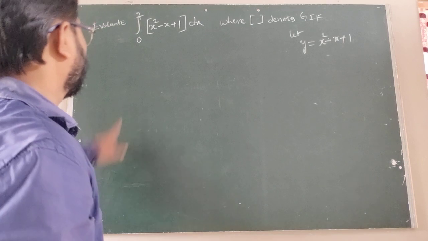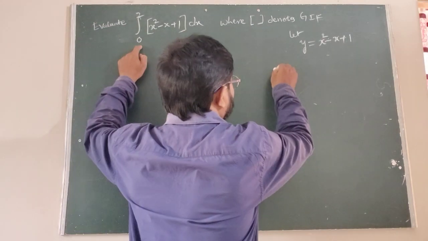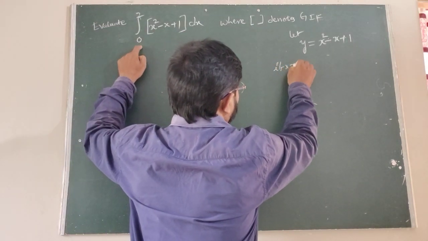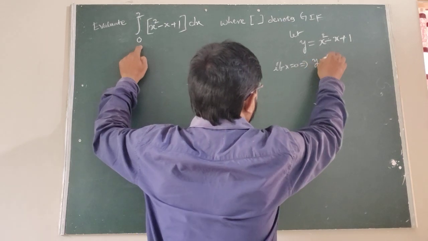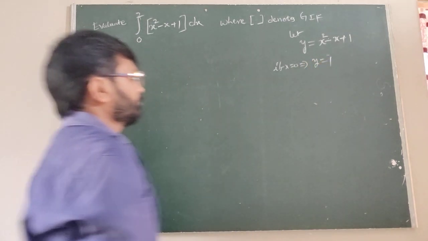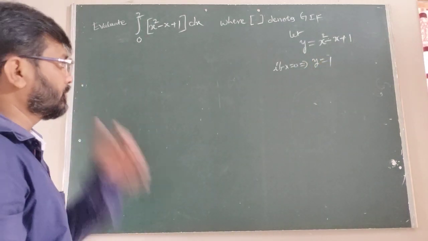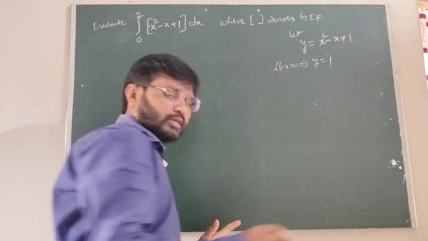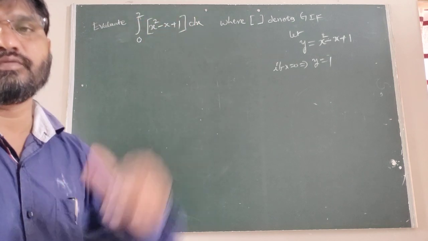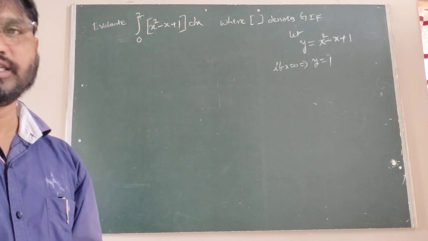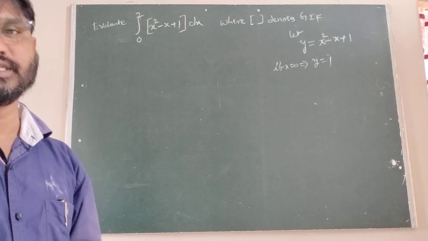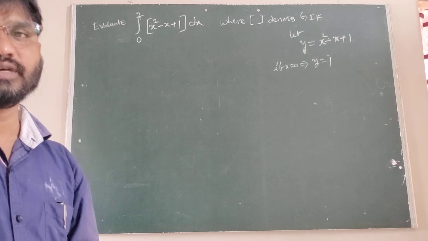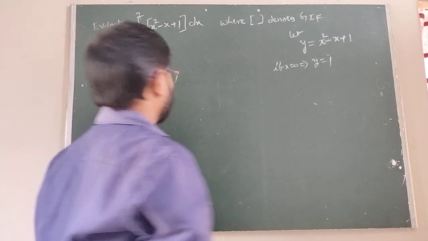When we take x equal to 0, that implies y equal to 1. All values of x lie on the x axis and values of y lie on the y axis. That is our observation. All the images always lie on the y axis.